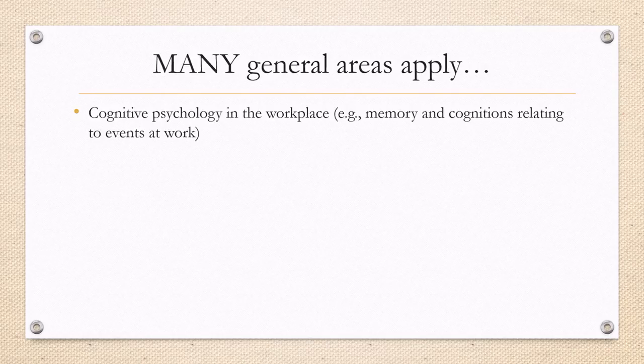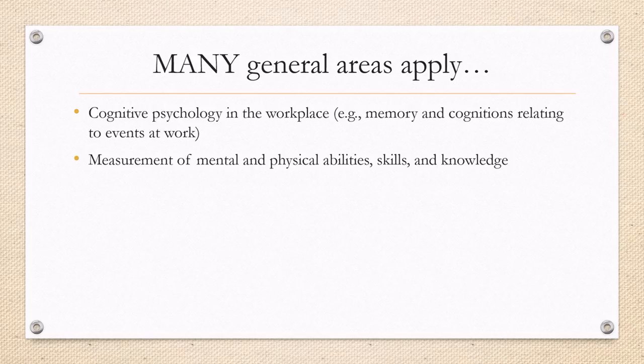We also have cognitions related to events that happen at work. So you hear that something happened at work and you make assumptions about that. You have ideas, schemas about how things should be, how situations should go.